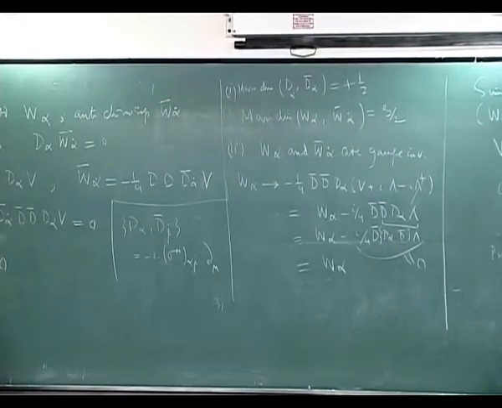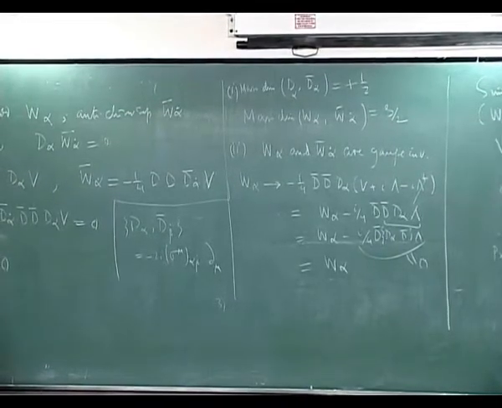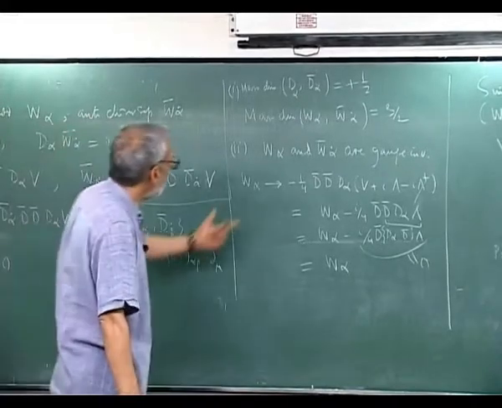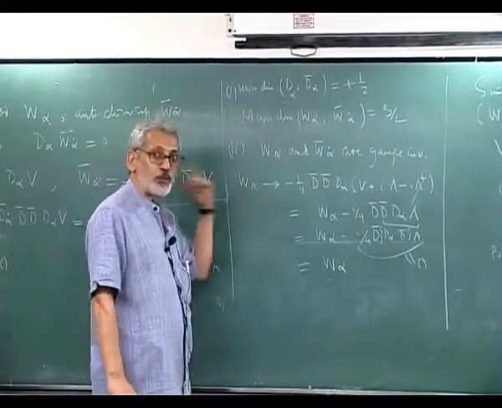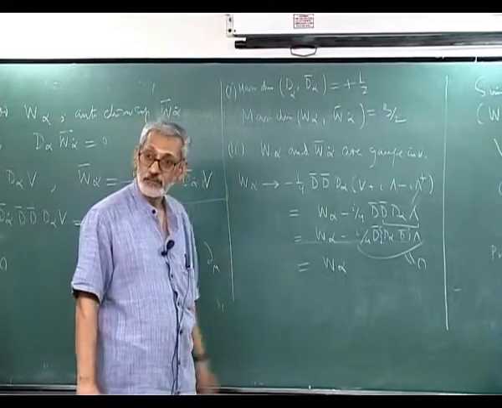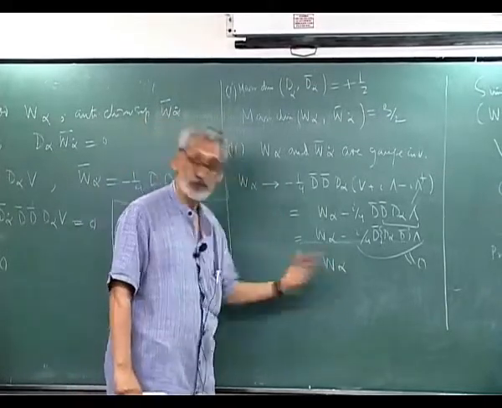Clear? So what have we demonstrated? We have demonstrated now that W, the way we constructed it, superfield W, is gauge invariant. Under gauge transformation, it goes to itself.